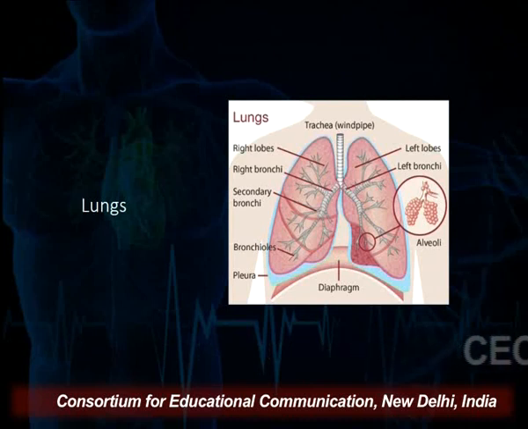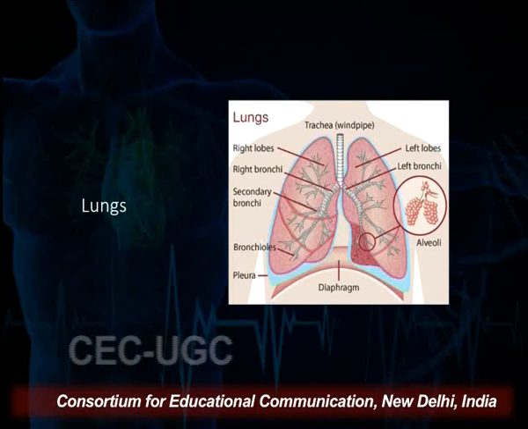Lungs are the primary organs of respiration in humans and other vertebrates. They are located on either side of the heart in the thoracic cavity of the chest. Anatomically, the lungs are spongy organs with an estimated total surface area between 50 to 75 square meters.